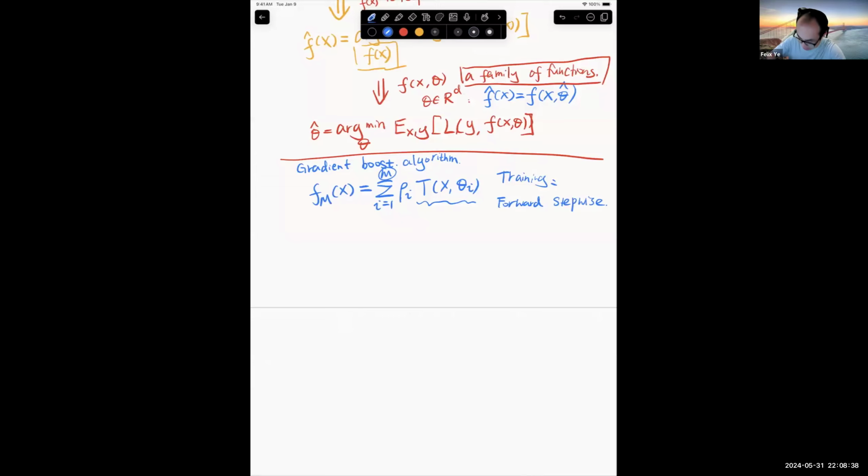The first thing is we set the initial tree f0(x) to just a constant, which is lambda.